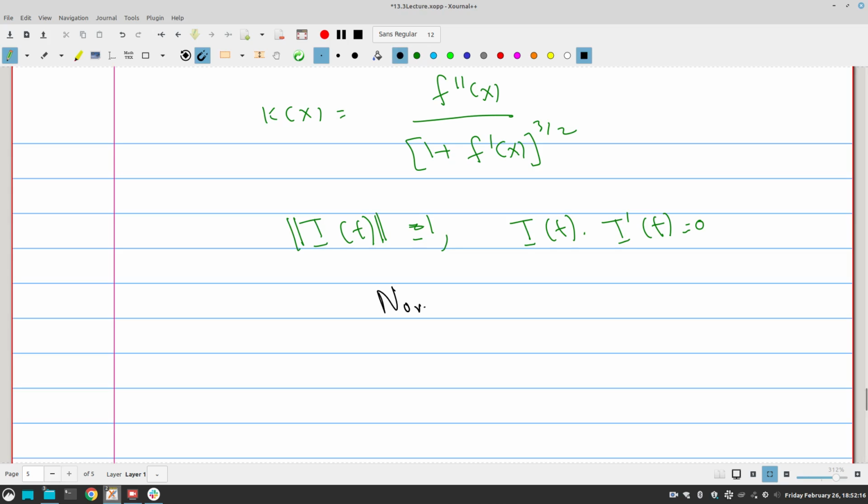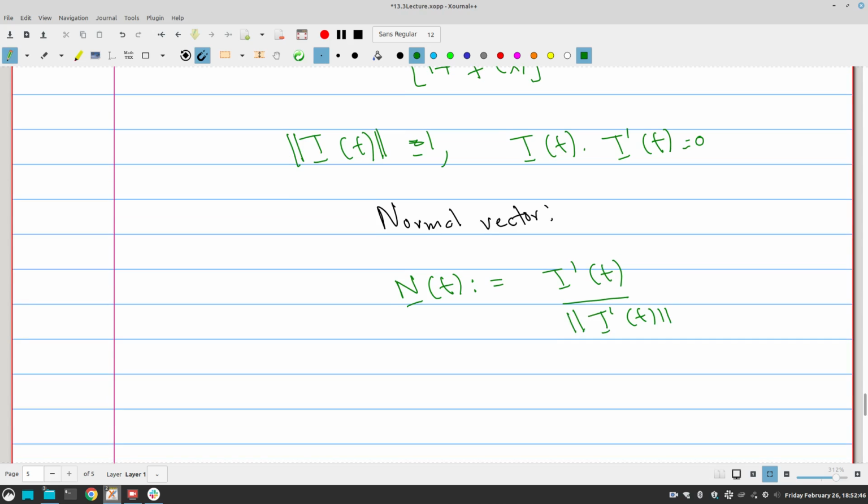Let's call this a normal vector, and it's defined as N of t equals T prime of t divided by the magnitude of T prime of t. Remember, just because T is a unit vector does not necessarily mean that T prime is going to be a unit vector. So this is also known as the unit normal at t.